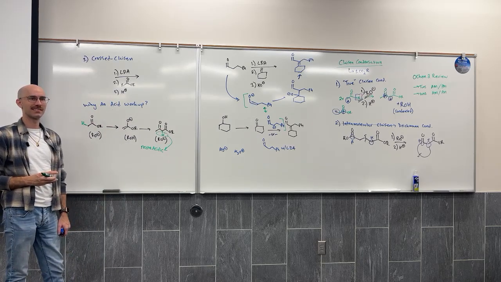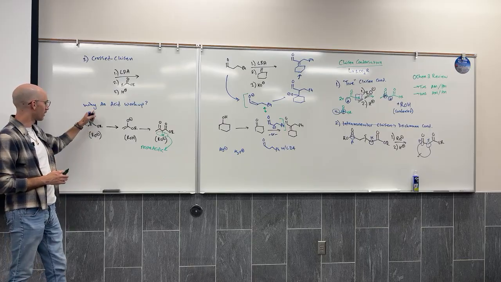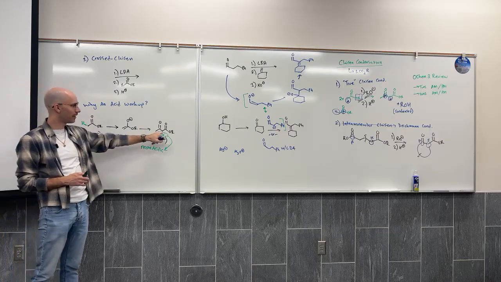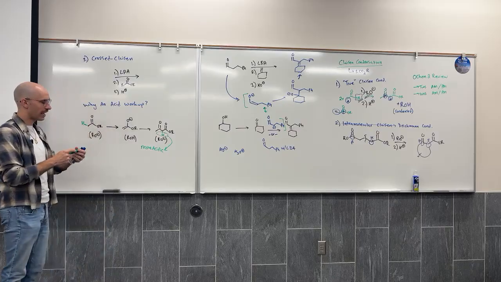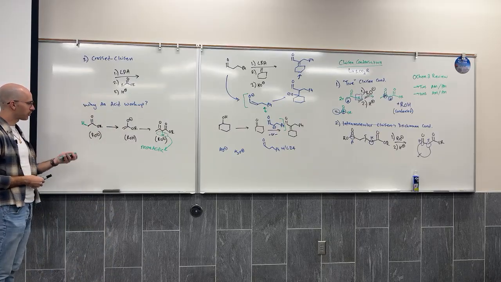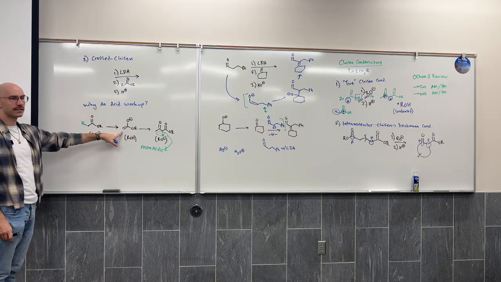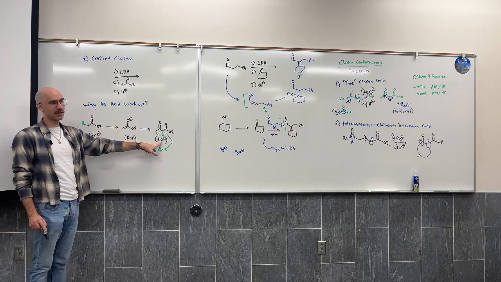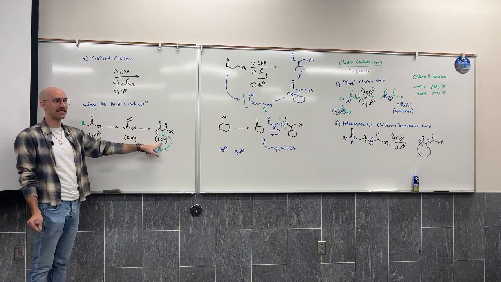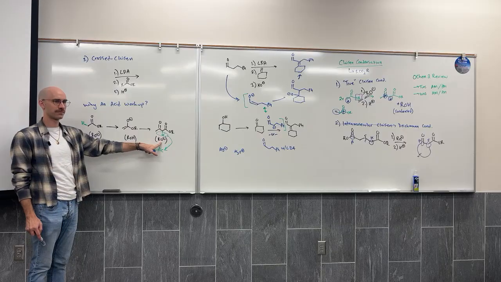It has more resonance. This alpha carbon is in resonance with the carbonyl, but this alpha carbon is in resonance with both carbonyls. So if my base was strong enough to form an enolate with the ester, is my base strong enough to form an enolate with the beta keto ester? Absolutely.